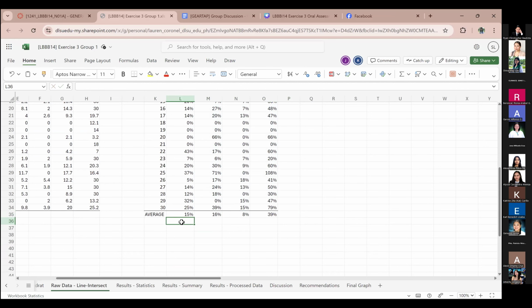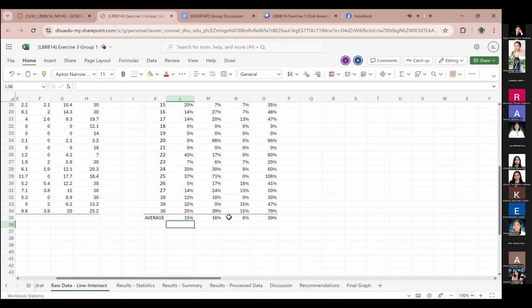I-recheck nyo lang yung formula or yung layout ng bawat isa. Kasi, I think tama naman yung data nyo. Mali lang yung pagkaka-present sa kanya dun sa descriptive. Okay po. I tried double clicking na po, na parang bigla lang nag-change to percents, to 15, 16, 8, 39.